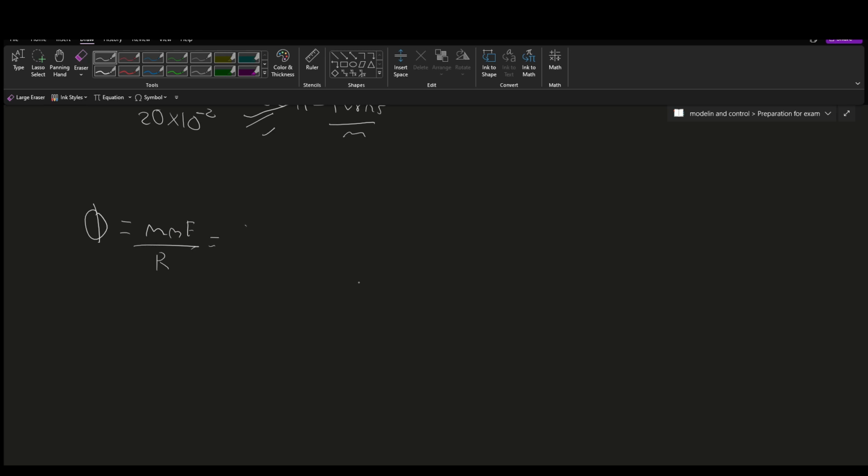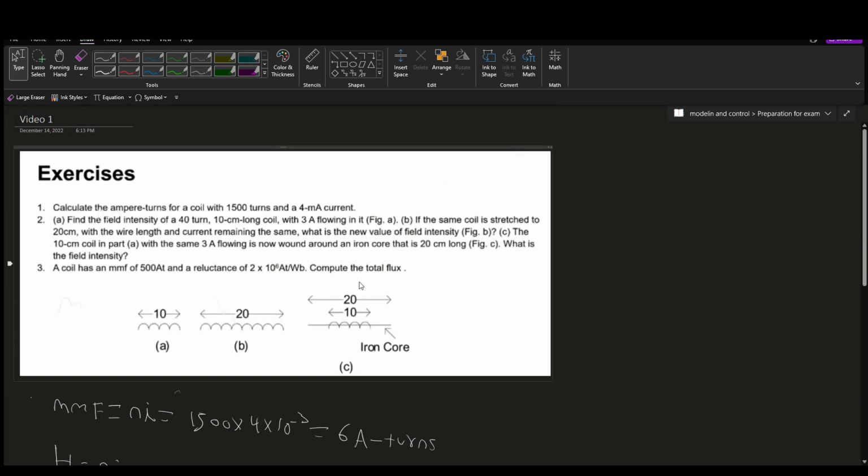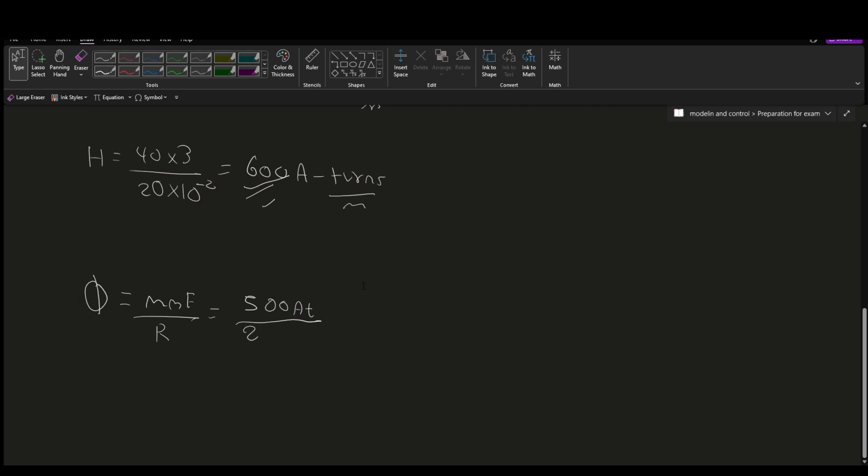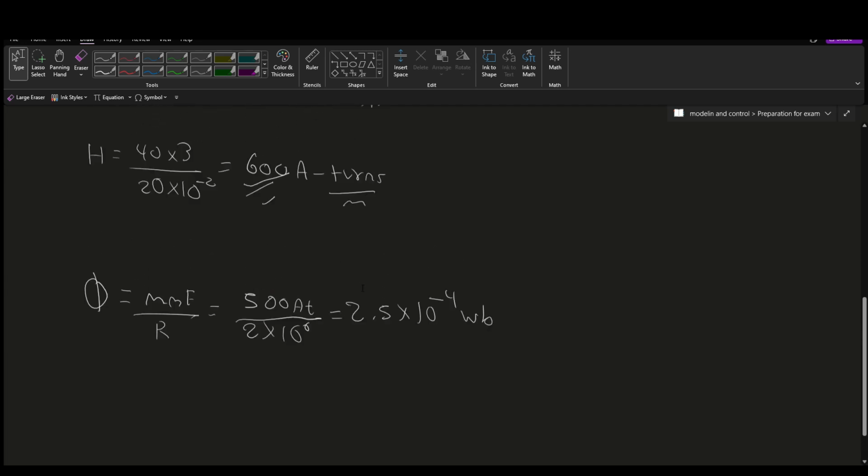In this case the MMF is given, 500 ampere turns, and the reluctance is given as well, 2 times 10 to the 6, and this is 2.5 times 10 to the minus 4 Weber. And that's it.